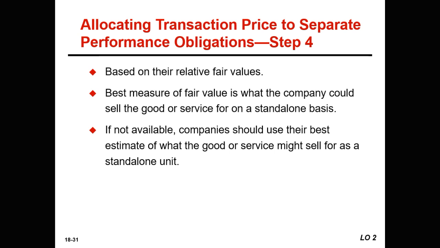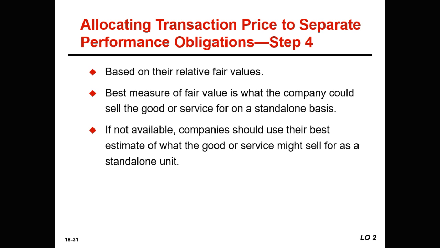If more than one performance obligation exists in a contract, an allocation of the transaction price is needed. This allocation should be based on the relative fair values of the various performance obligations, referred to as their standalone selling prices. This information is not available. Companies should use their best estimate of what the goods or services might sell for as a standalone unit.